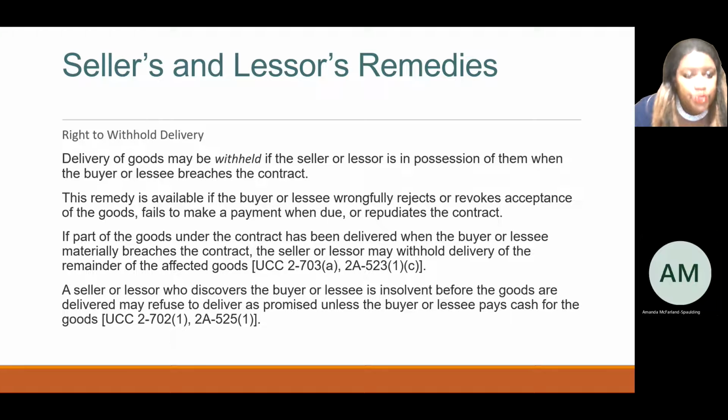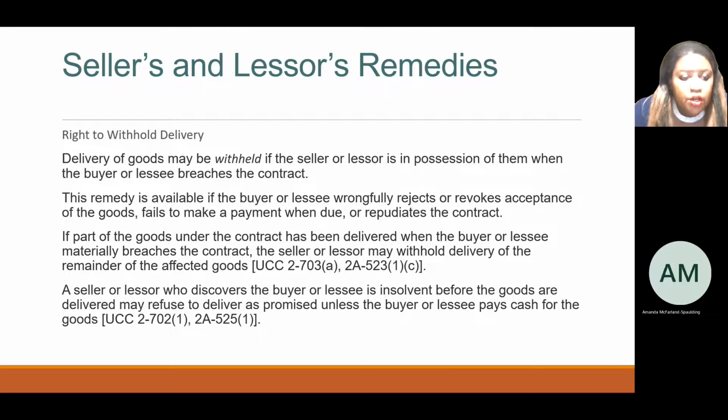What can the seller do? Well, the seller has the right to withhold delivery. Delivery of goods may be withheld if the seller is in possession of them when the buyer breaches the contract. This remedy is available if the buyer wrongfully rejects or revokes acceptance of goods, fails to make a payment when it's due, or repudiates the contract.